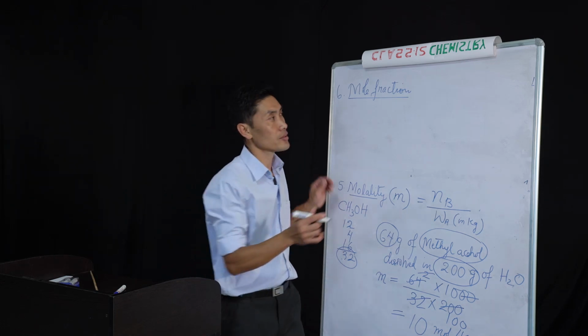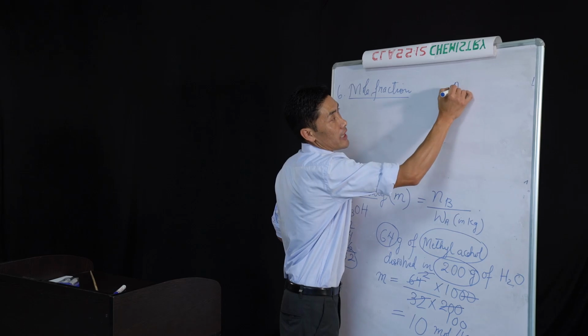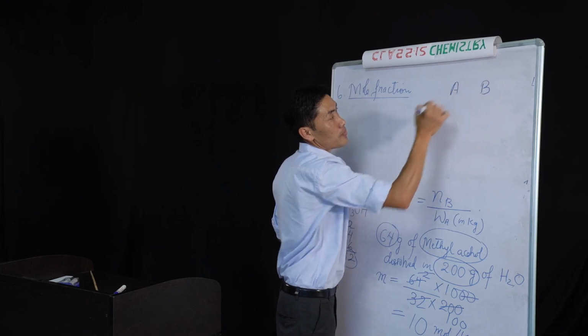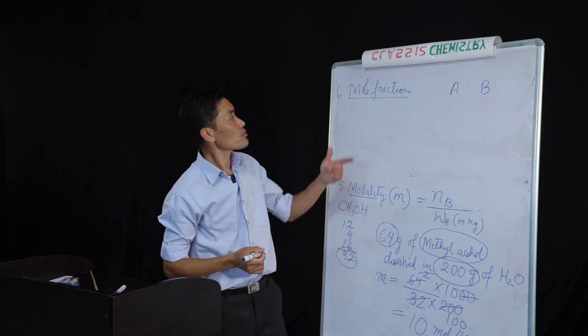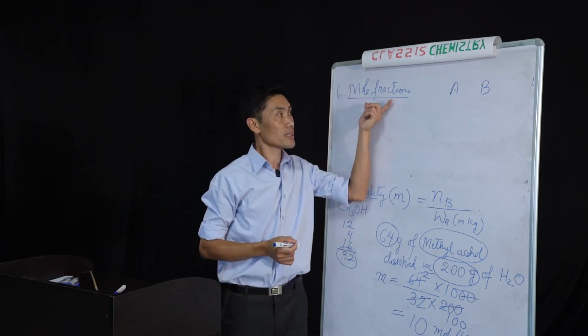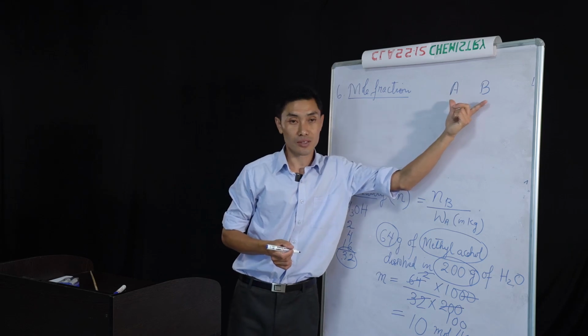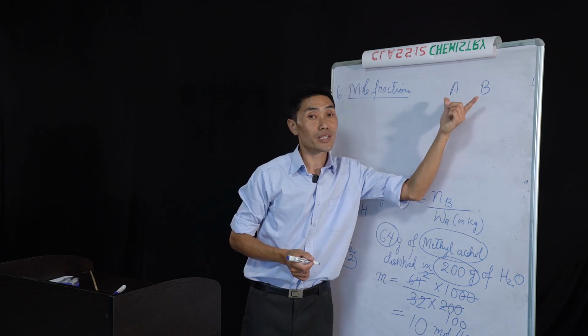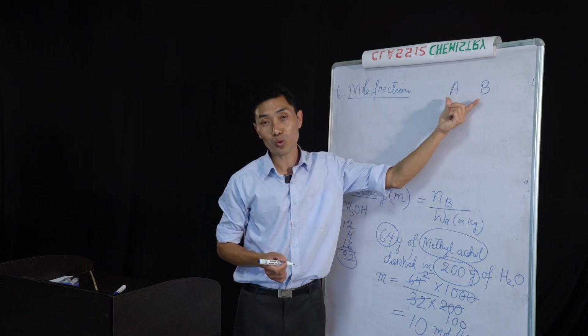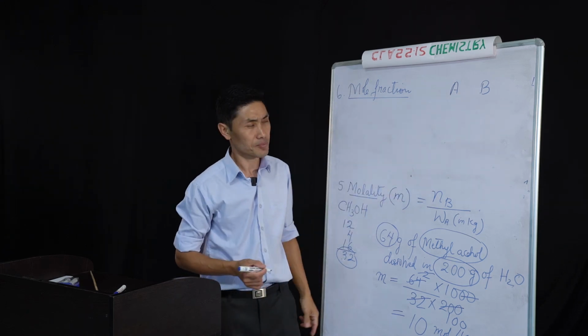So if we have two components, A and B, making up a solution, we want to find the mole fraction of either one of these. Then we first find out the number of moles of both the components.